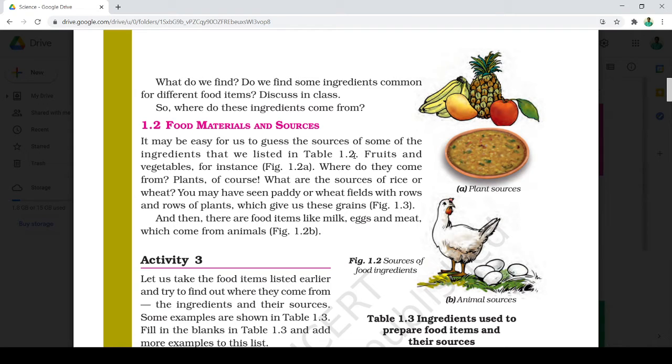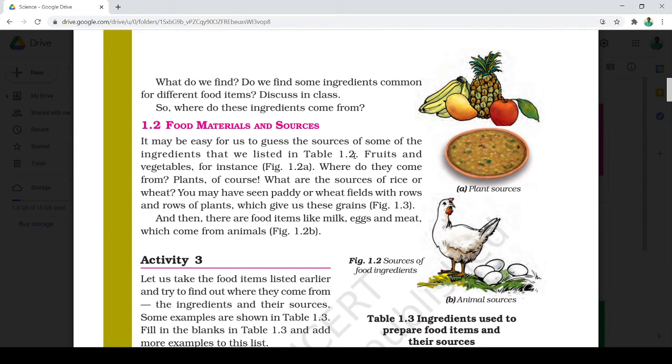What are the sources of rice and wheat? Do you know it? You may have seen paddy or wheat fields with rows and rows of plants, which give us these grains, right? And then there are food items like milk, eggs, and meat, which come from animals. So, where do you think milk, eggs, meat, etc. come from? Yes, you're right.